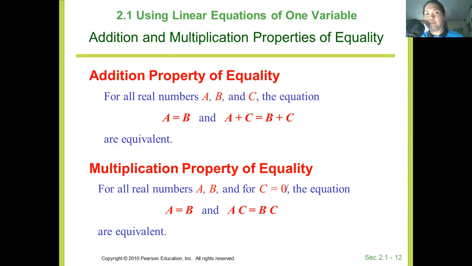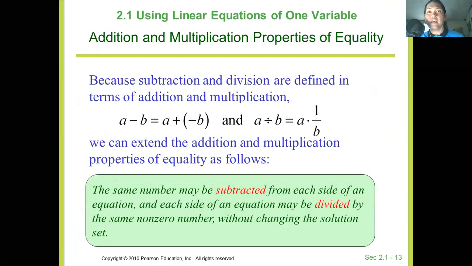Multiplication property of equality: for all real numbers A, B, and C, where C is not equal to 0, the equation A is equal to B and A times C is equal to BC are equivalent. That's how we use the multiplication and addition properties of equality. Again, the purpose is to make the equation balanced and to find the value of your variable.